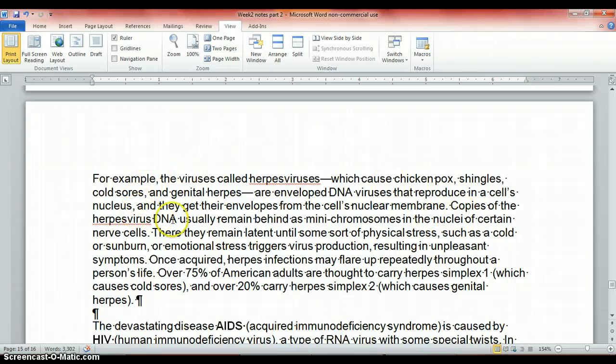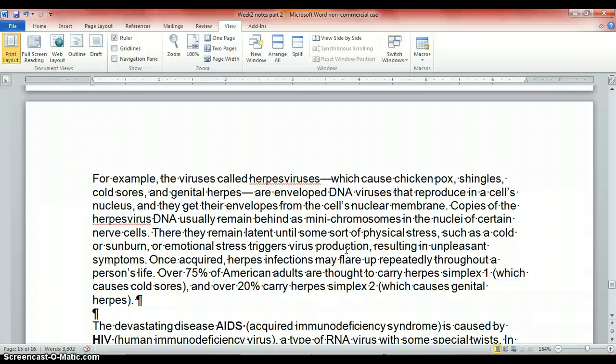Copies of the herpes virus DNA usually remain behind as mini chromosomes in the nuclei of certain nerve cells. There, they remain latent until some sort of physical stress, such as a cold or sunburn, or emotional stress, triggers virus production.